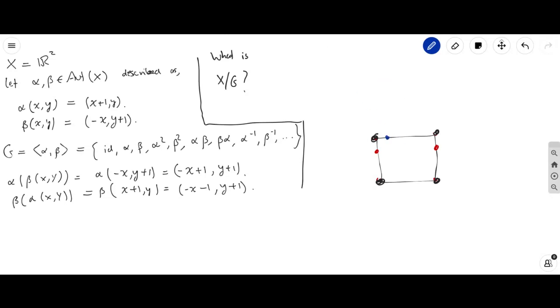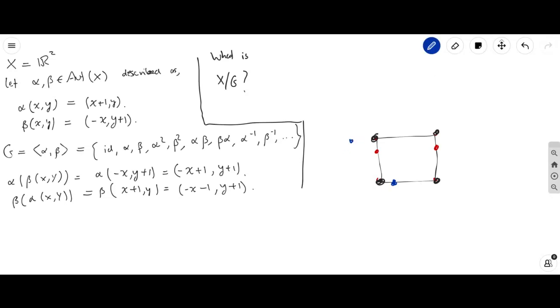If you pick a point down here, let's say you pick the point right over there. Where is this one being identified with? So to get the other one, you do y plus 1. So you go up by 1. So you go here, and you do negative x. So negative x will actually put you there. So it's being identified with that point.